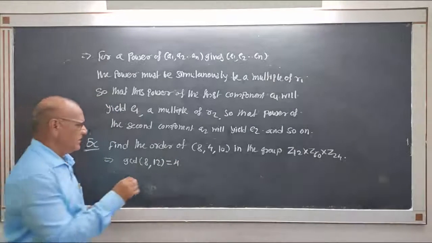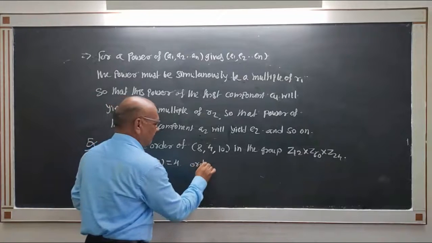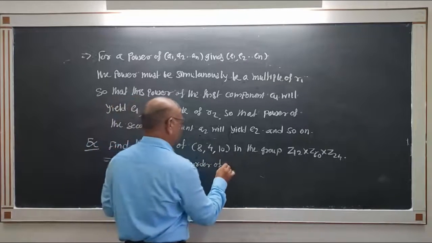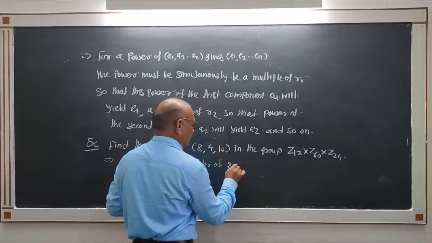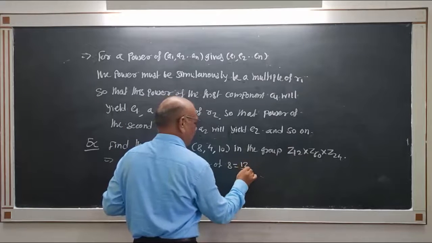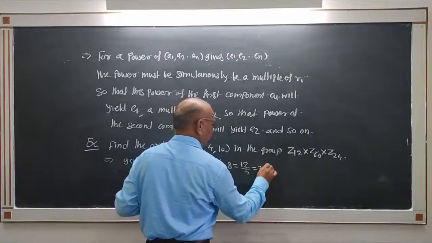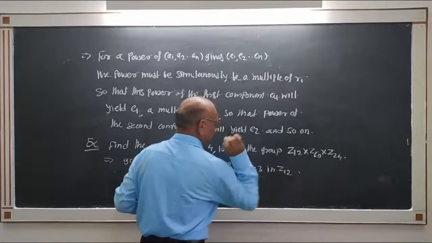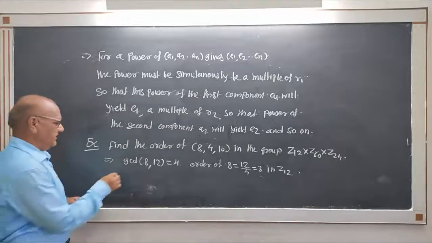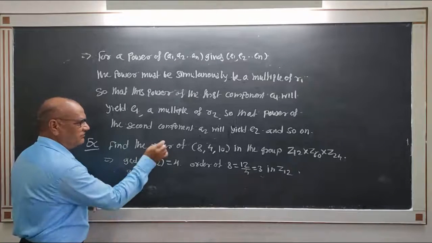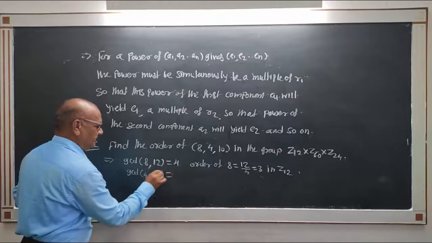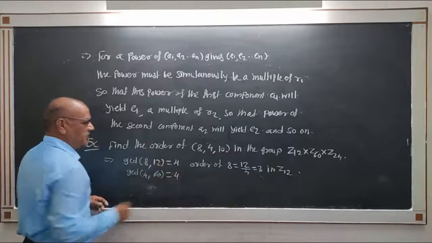Order of 8 is equal to 12 by 4, this is 3 in Z12. That means the order of 8 is 3 in Z12. Similarly, GCD of 4 and 16 is 4.